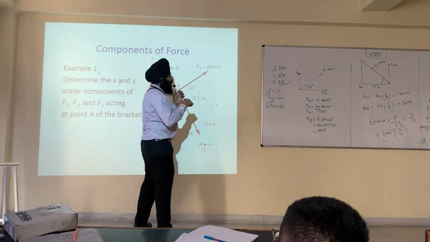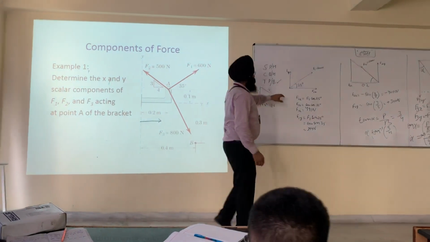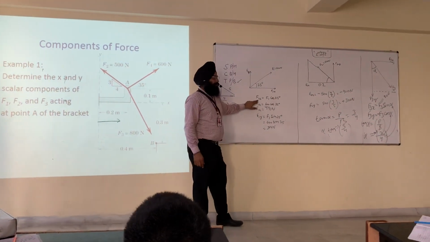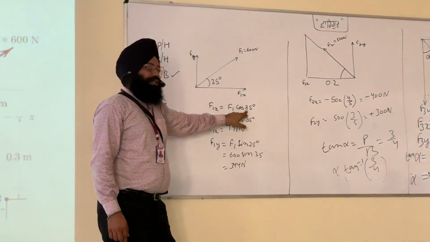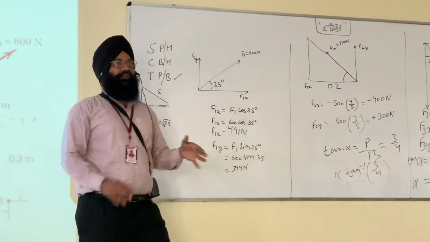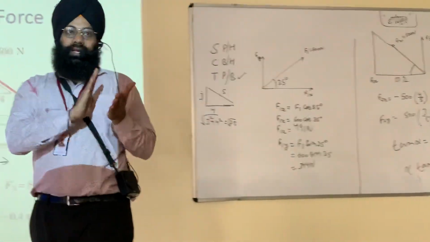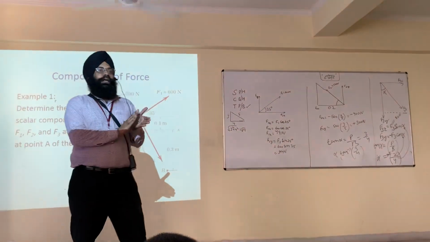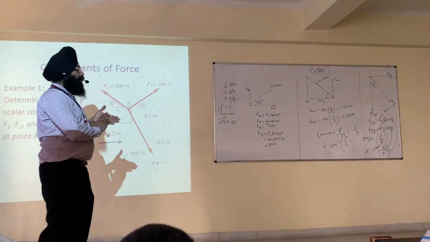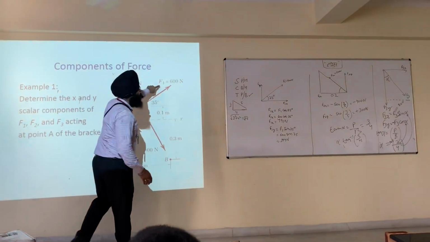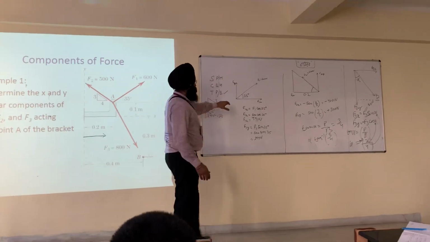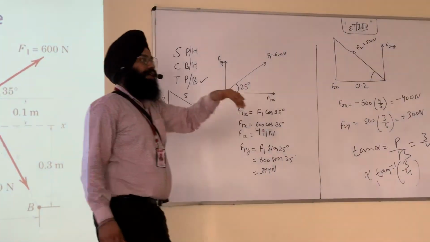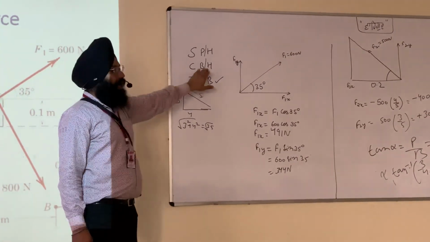Now let us see. We have this formula: F1x is equal to F1 cos of the angle. To calculate F1x, F1 is 600, cos of 35, because it is the base component, and cos is base by hypotenuse.